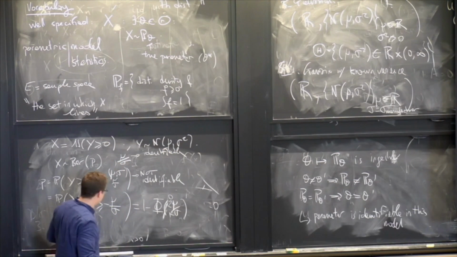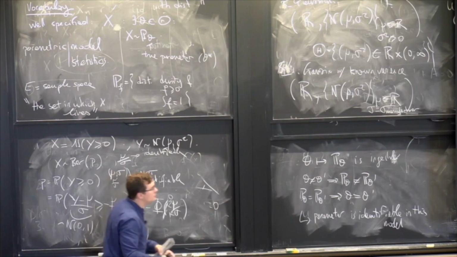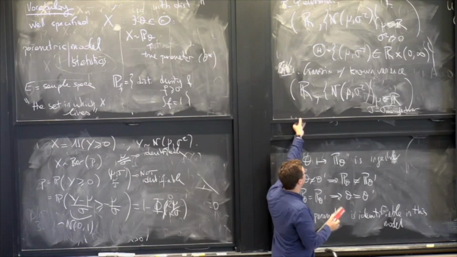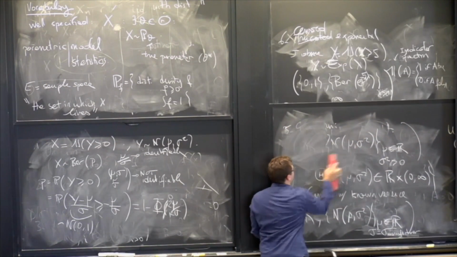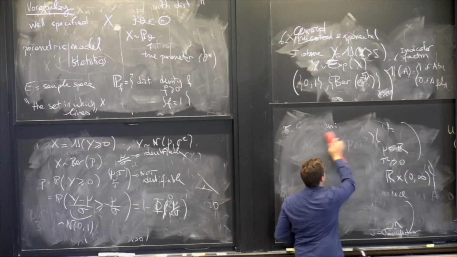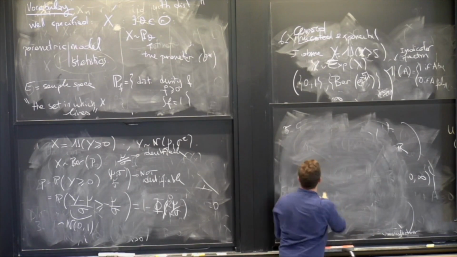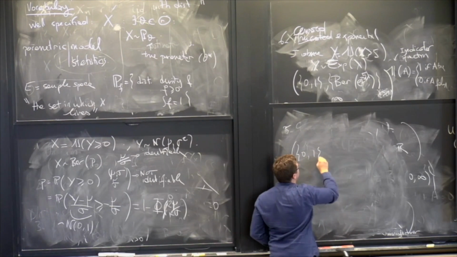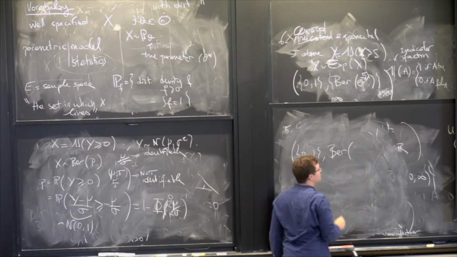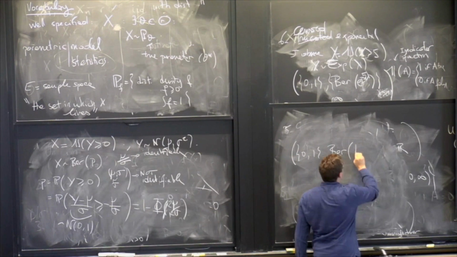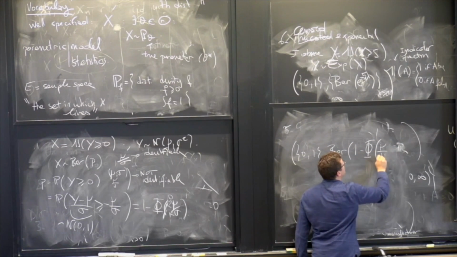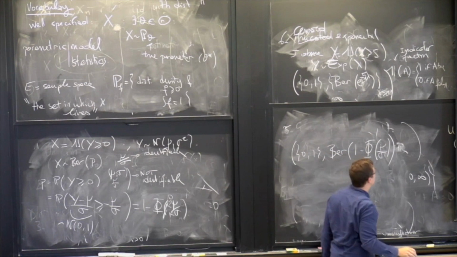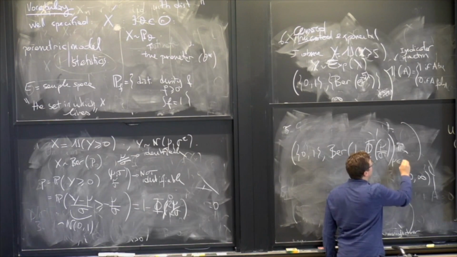So if I wanted to write a statistical model in which the parameter is identifiable, I would write {0, 1}, Bernoulli, and then 1 minus phi of mu over sigma. And then I would take two parameters, which are mu in R and sigma squared positive.